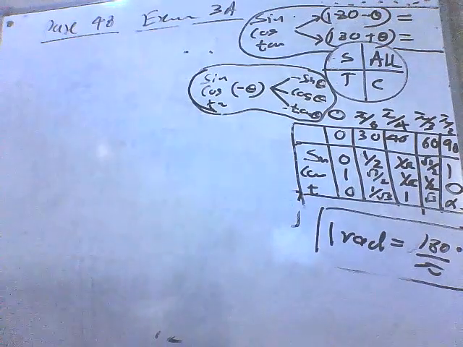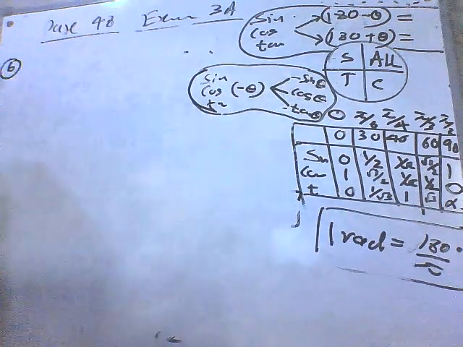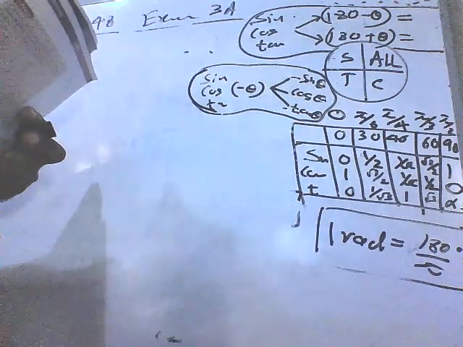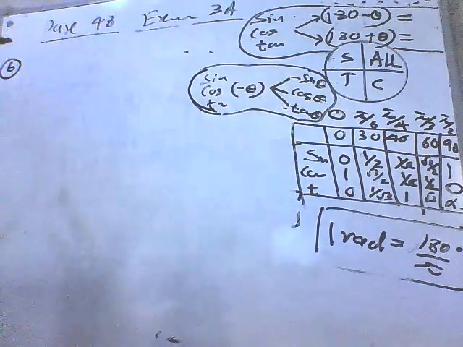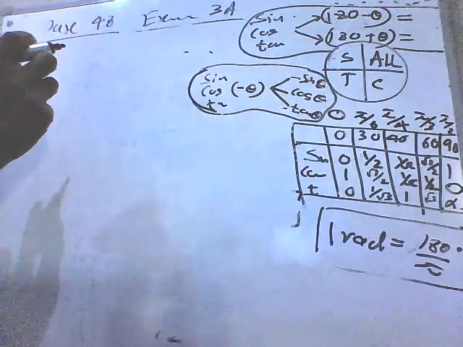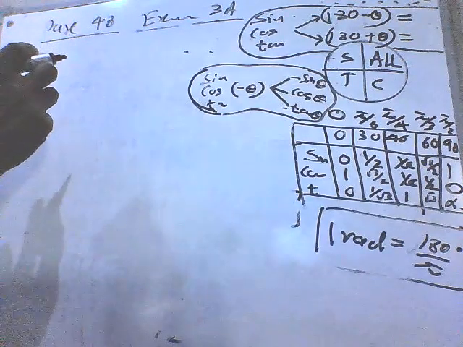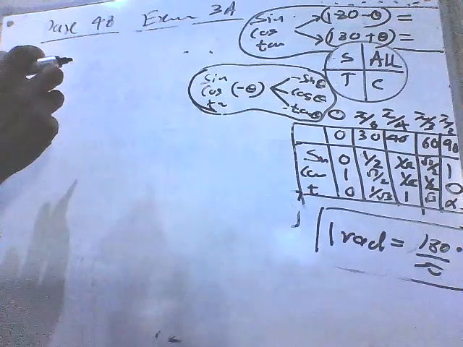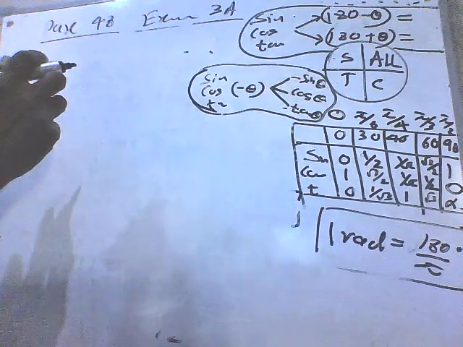Right, sixth question. It says show that cosec 2π over 3 plus sec 2π over 3 is in the form a plus b root 3, and find a and b, where a and b are real.